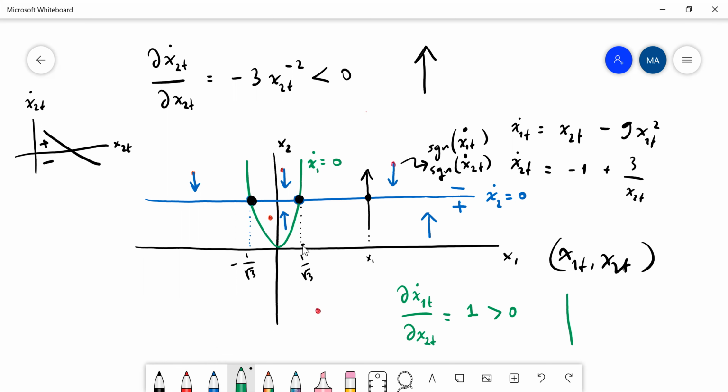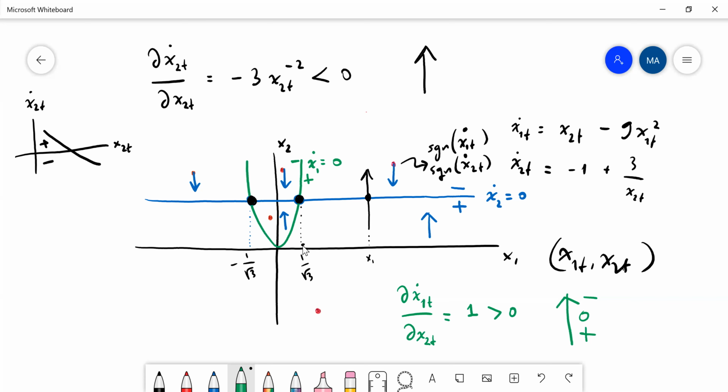So again, in this direction, x2 is increasing. What happens to x1? Well, it is first positive, then 0, then negative. So below the green line, it is positive, right? Above the green line, it is negative. So below the green line, I have only one region, right? Here.